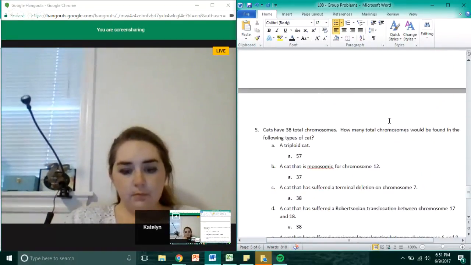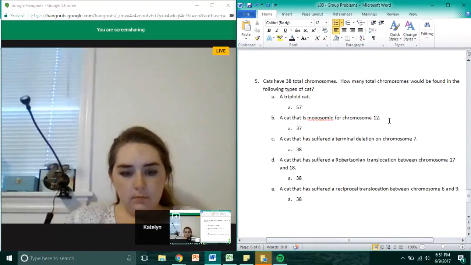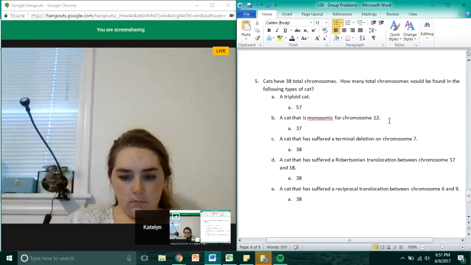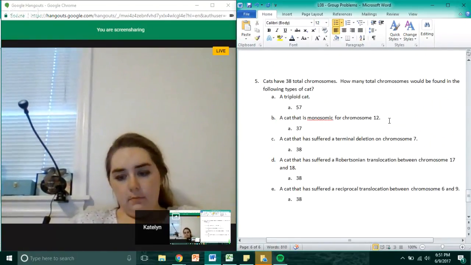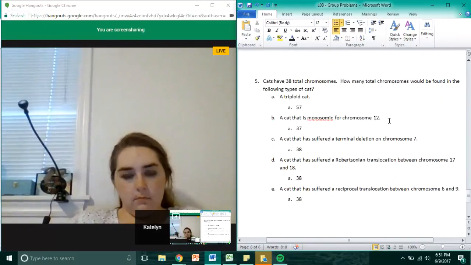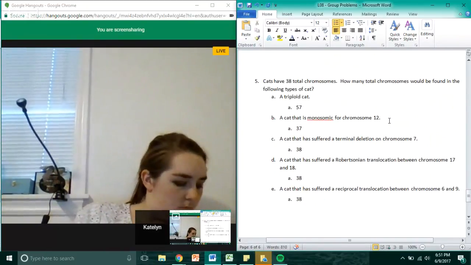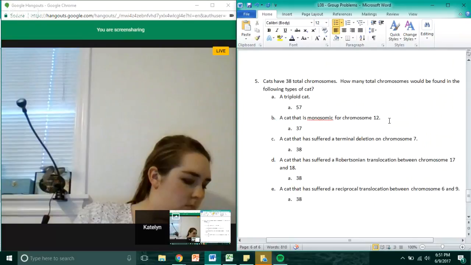And then for number 5, cats having 38 total chromosomes would be found in a triploid cat. There'd be 57 because one of the gametes would have an extra set of chromosomes in it, so it would be the original number times 0.5 more, or 1/2 more added. So 38 times 1.5 is 57.